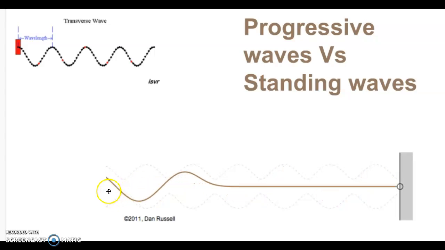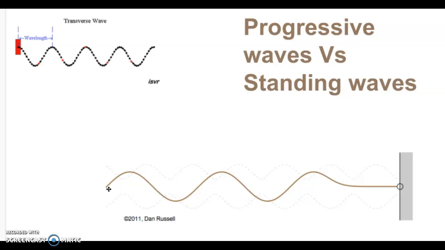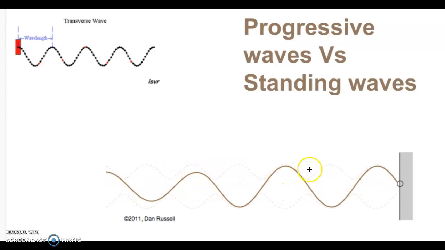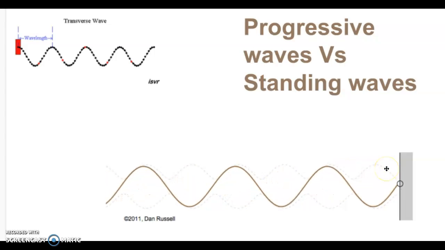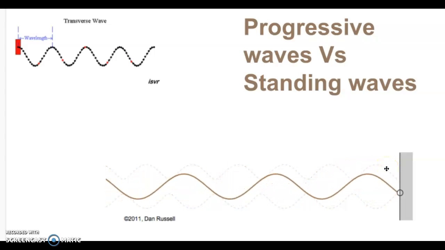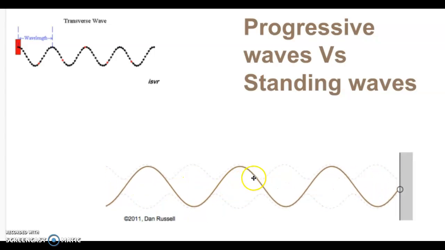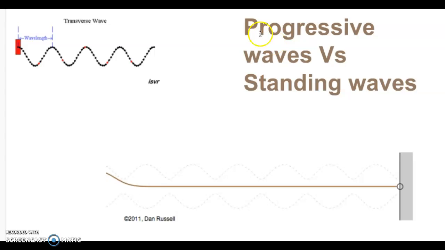You have an initial wave at its source, and it moves, and what you can see is that the crests travel along and change. We have a change in amplitude, but also in position along the x-axis, right? Everything's moving along this way. That's what we call a progressive wave.